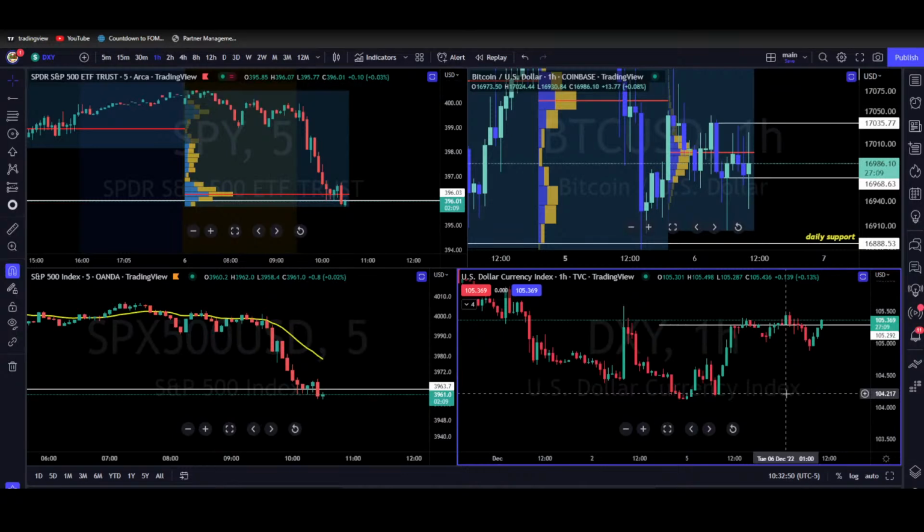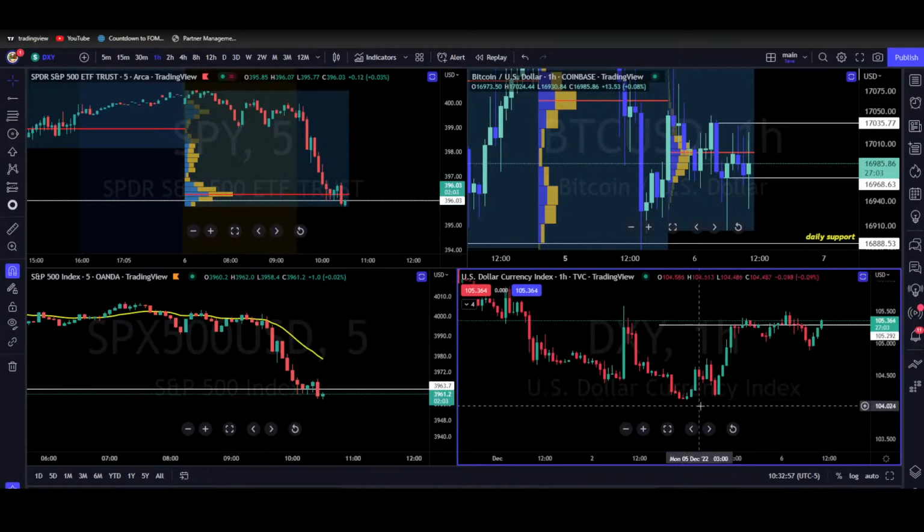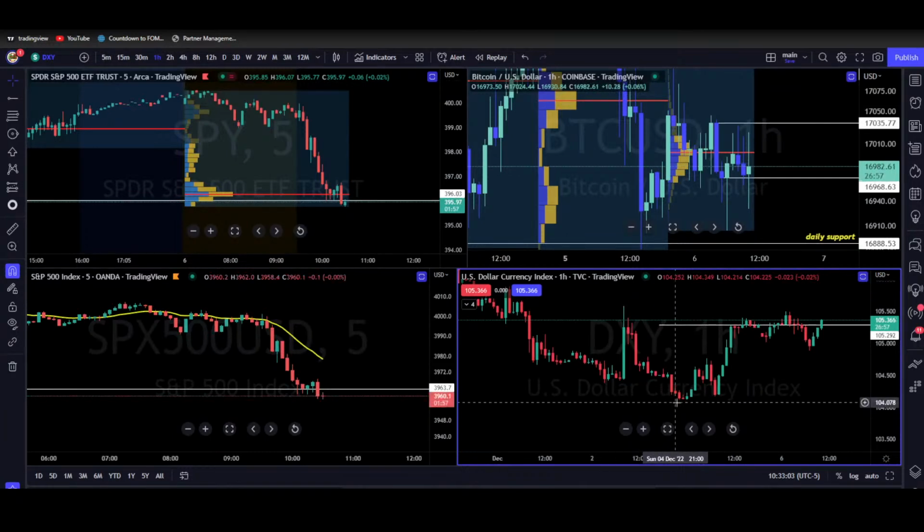Also, I did take a short on the Euro USD yesterday. Right in there. Just to hedge against that long Bitcoin exposure I had, and the short dollar exposure.